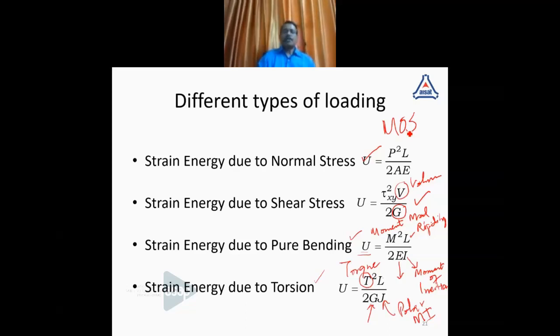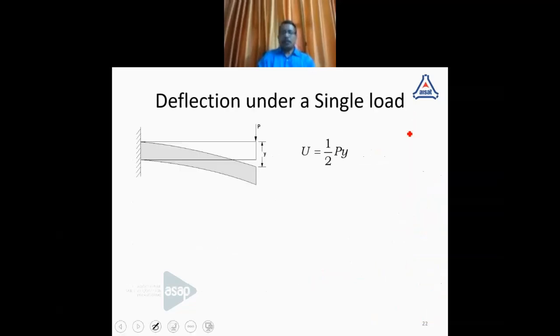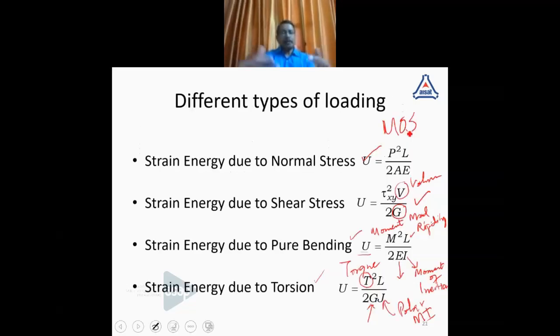And now we are going to see how this strain energy approach can be used in solving problems. When you consider a particular problem, there can be different types of loads acting on the body.